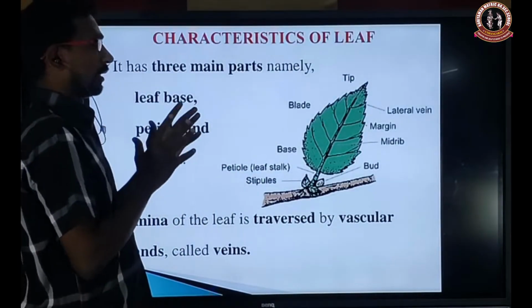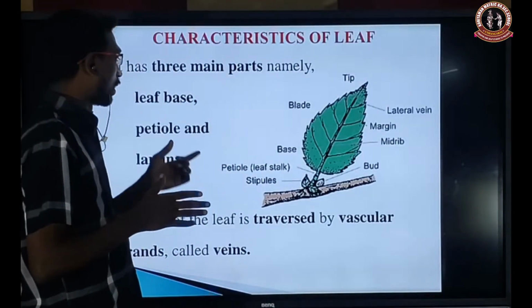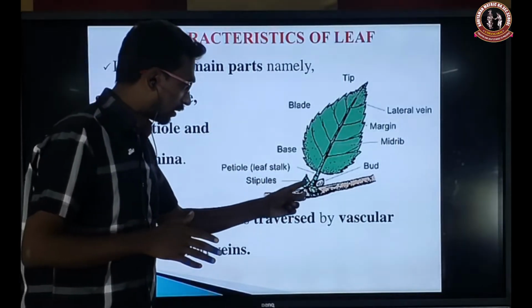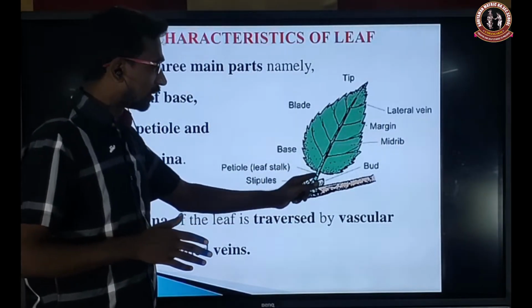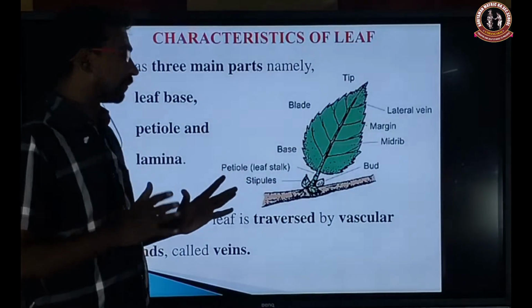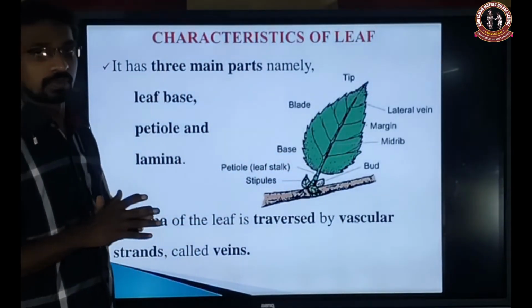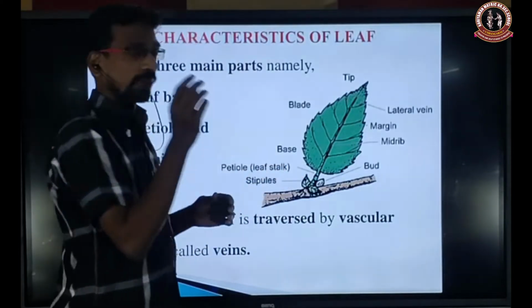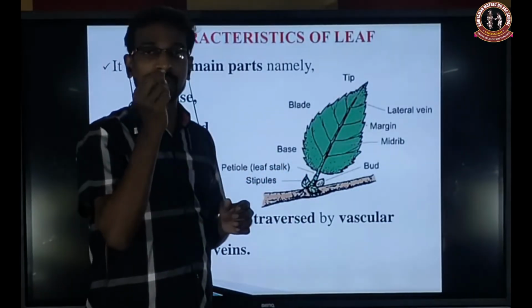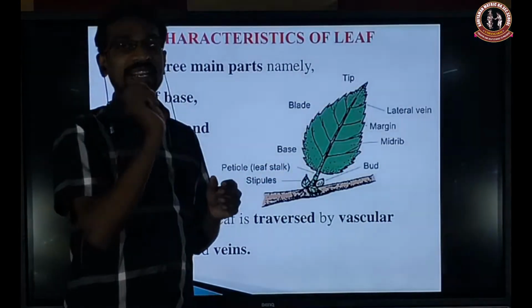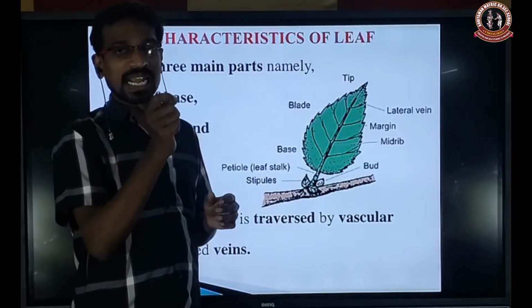Mainly the leaf consists of three parts: the leaf base, the petiole, which is the stalk of the leaf, and the lamina, the broad region. Leaf base means the particular region where the leaf is attached to the stem.